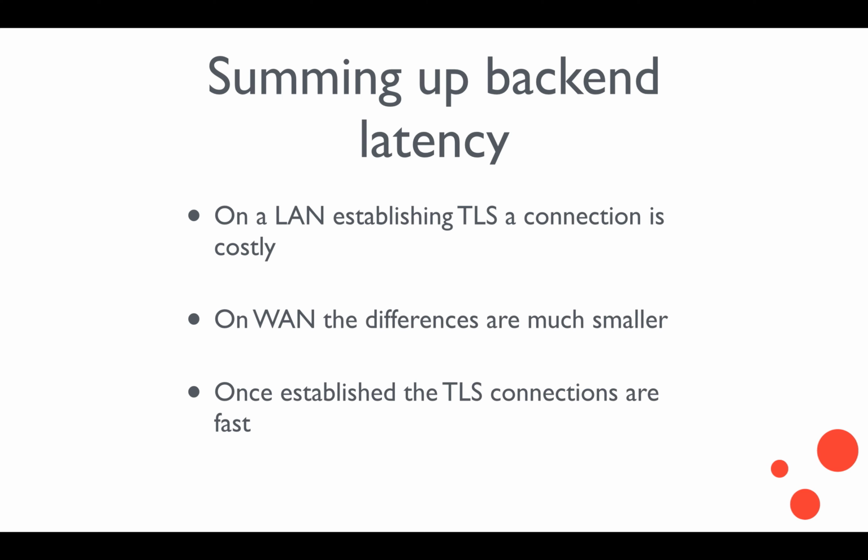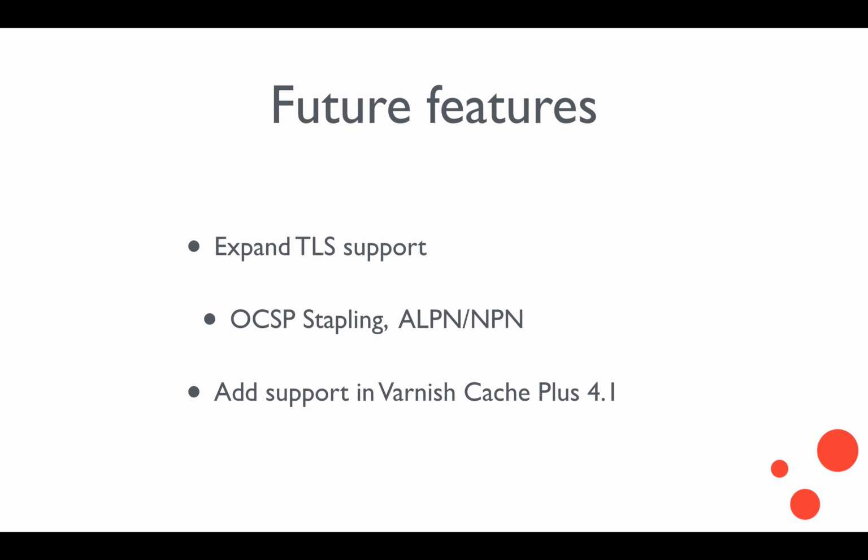And once established, TLS connections are really fast, and it's hard to discern the performance between a TLS connection and a clear text connection unless you actually measure it. Just sitting in front of a browser, you probably won't be able to tell, even though it's measurable.